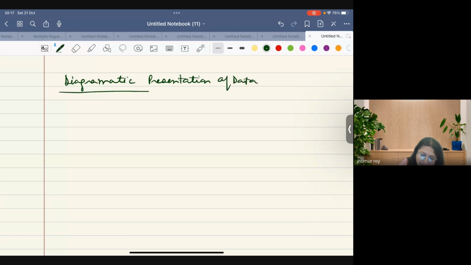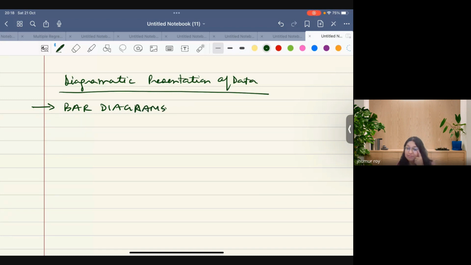And there are many types of diagrams. I will be dealing with some of the important diagrams for you. So the first category of diagrams that we have is called bar diagrams. So bar diagrams, basically, the first thing that you try to draw is called a simple bar diagram.